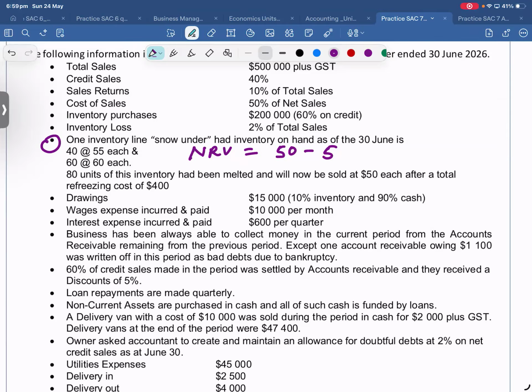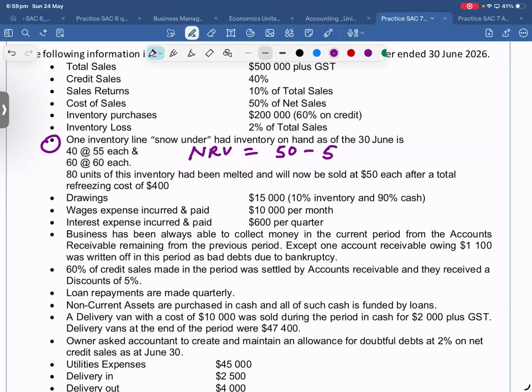Right, next one. Wages, expense incurred and paid, 10,000 per month. Wages, expense and incurred, same thing.